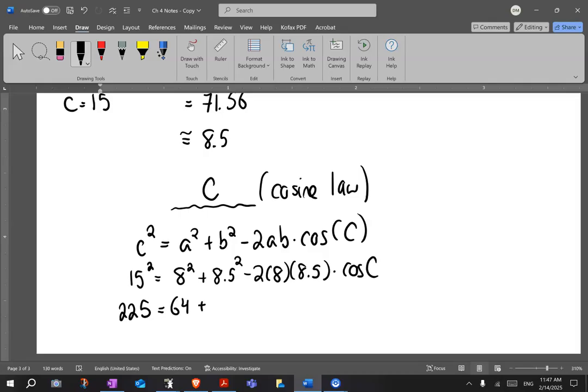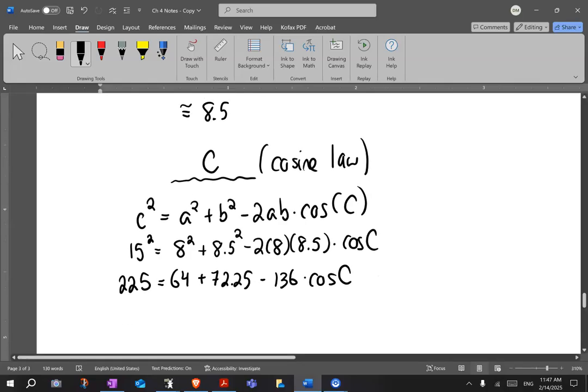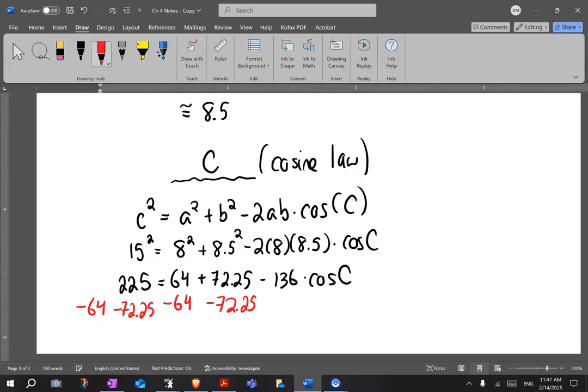So again, I'm losing some precision here because I've rounded. 2 times 8 times 8.5, so 136 times cos of c. So I'm going to minus the 64 to the other side, and then later on I'm going to divide by negative 136.